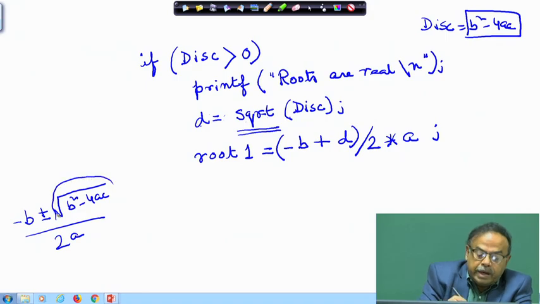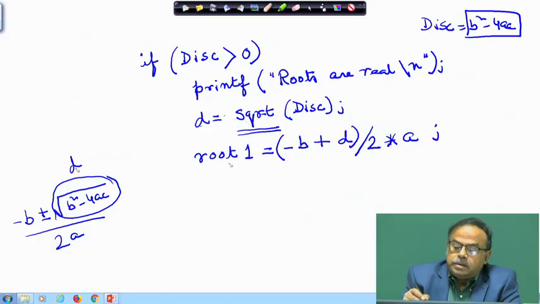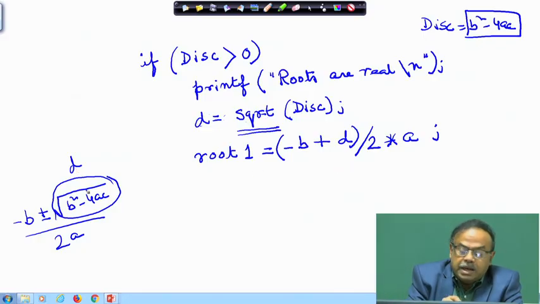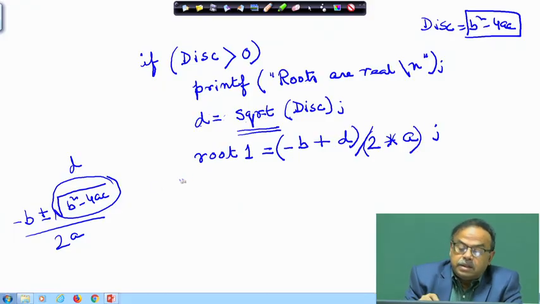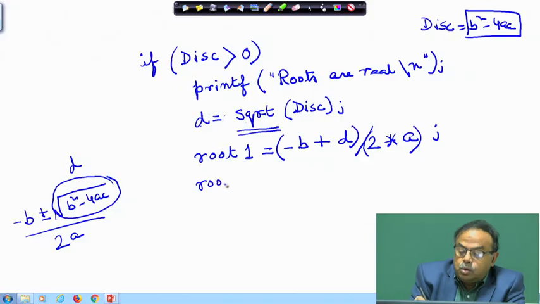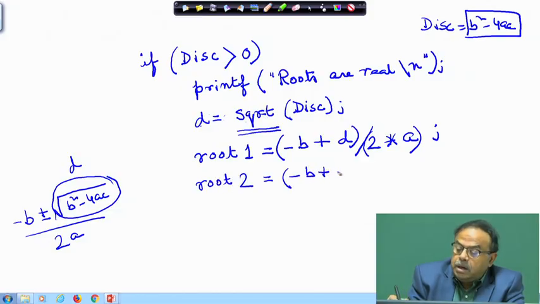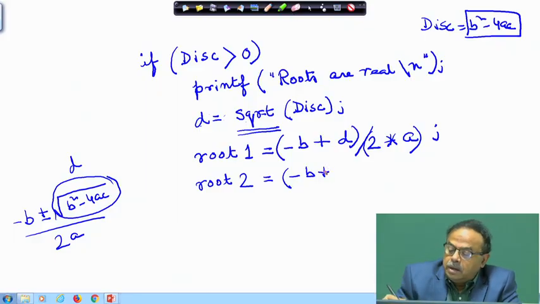So, this b square minus 4ac is d here, all right. So, minus b plus d whole divided by 2a, I should also put a parenthesis here, is root 1, and root 2 is minus b minus d divided by 2a.